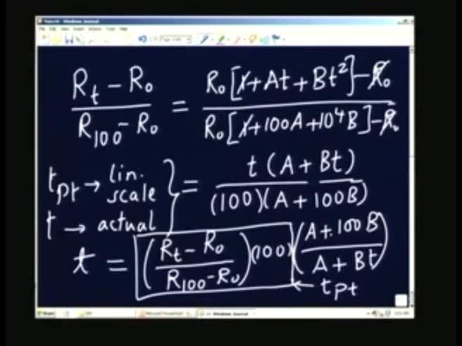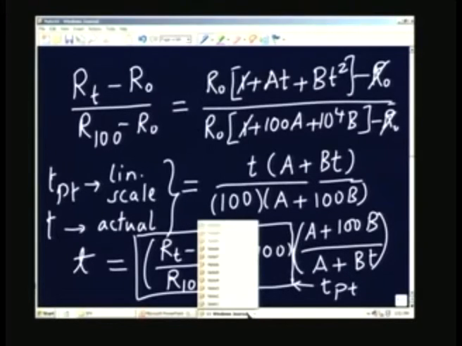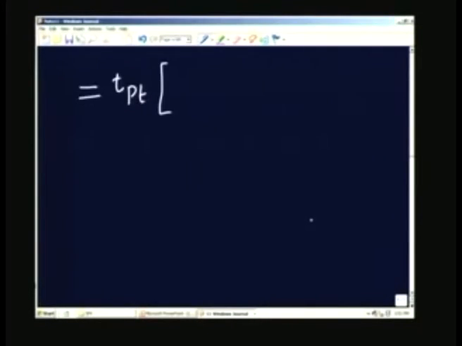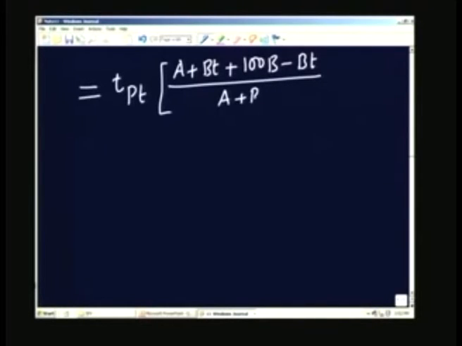So, I will add plus B t and also subtract minus B t from the numerator, so that I can write it in a slightly different form. So, this becomes A plus B t plus 100 B minus B t divided by A plus B t.